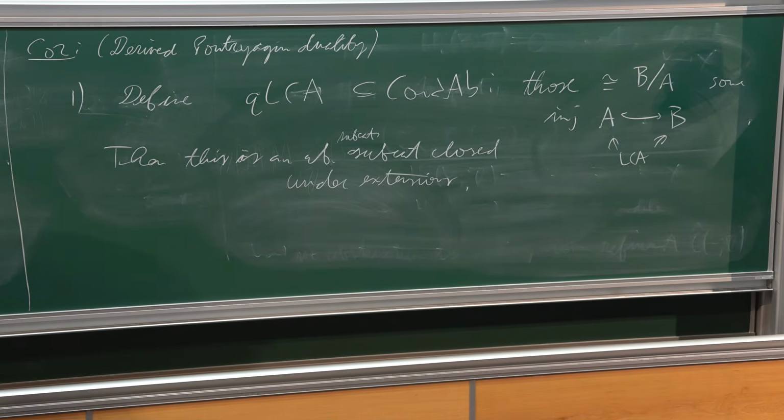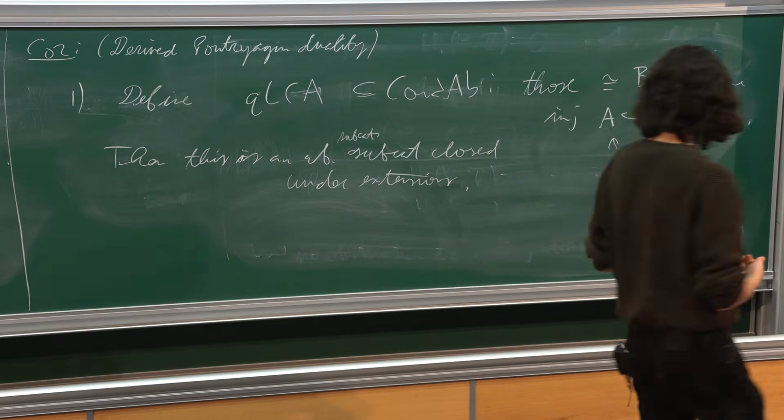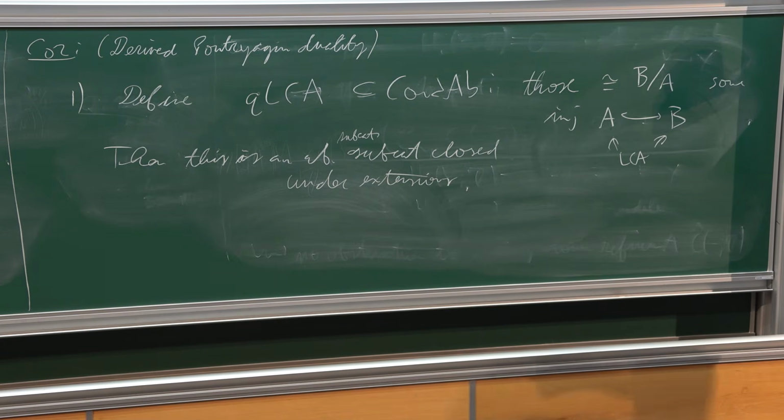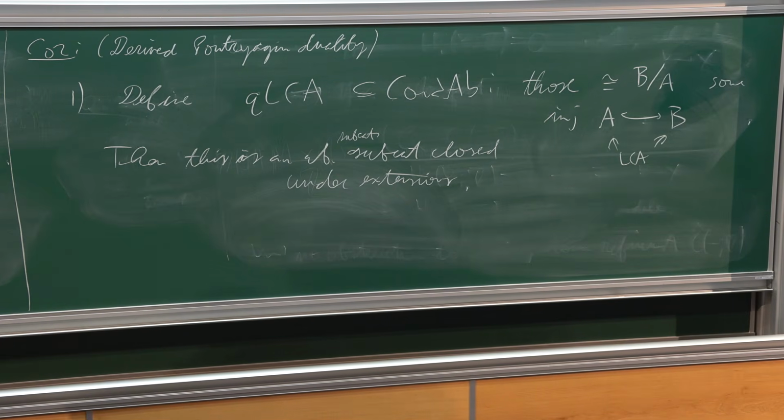It's closed under kernels and cokernels and extensions. So this follows formally; the only non-trivial point is that you need the Ext^2 vanishing. Once you have the Ext^2 vanishing, then you can formally see that this has to be the case.